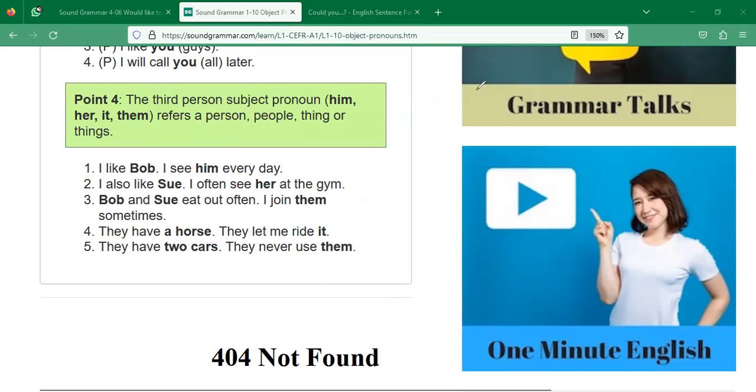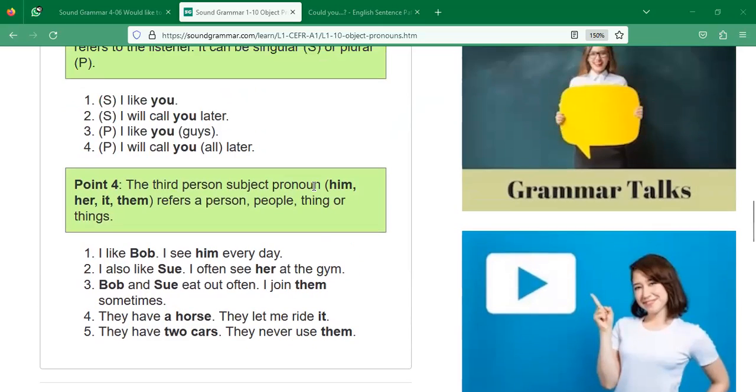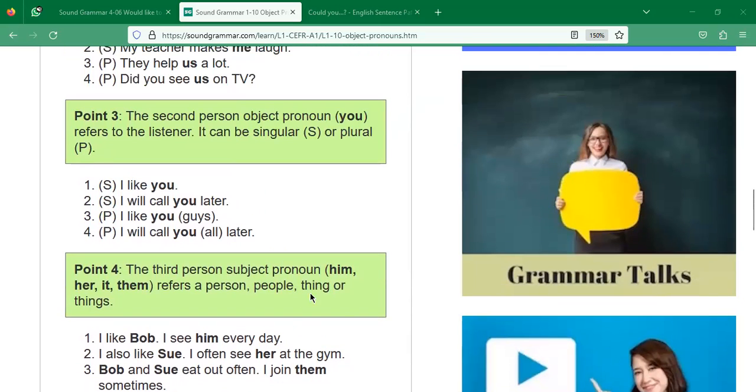Okay, questions about the object pronouns before we continue? No question. Okay, excellent. Let's continue then.